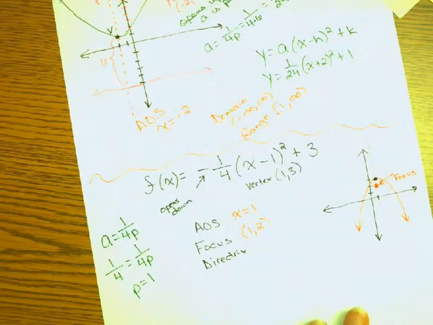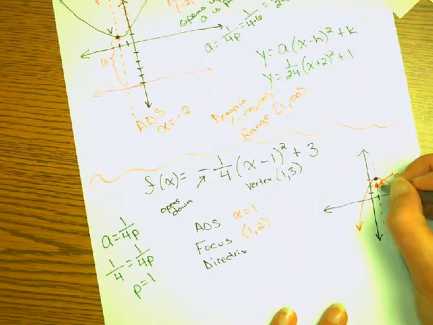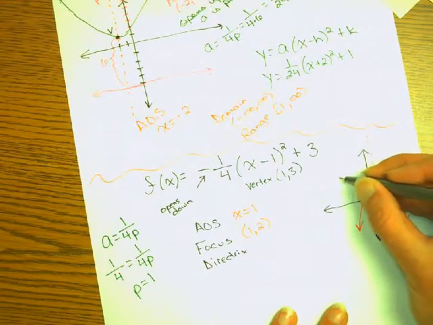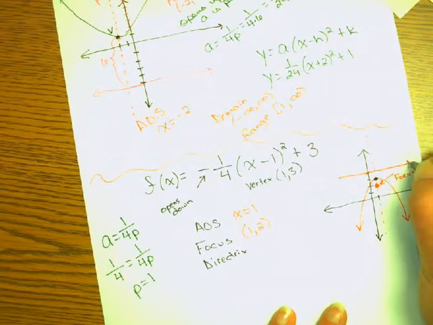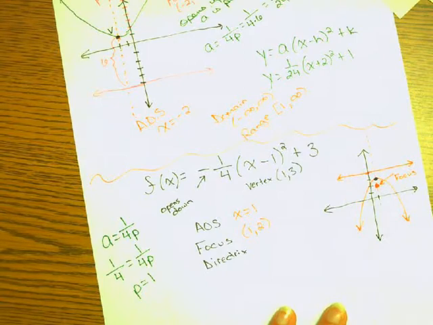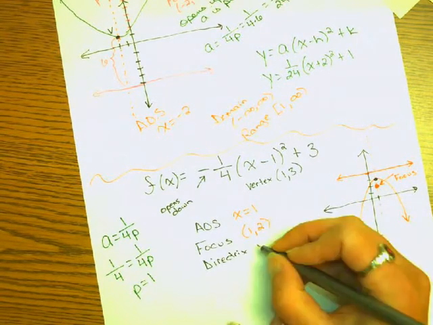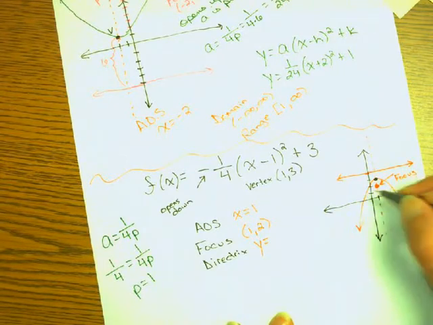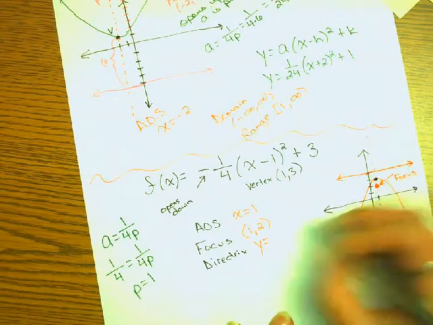Well, remember, it was the same distance from the vertex. The vertex was halfway between. So if this was down 1 this way, then my directrix would have to be back here. That's a horizontal line, so it's y equals, and it's y equals 4.